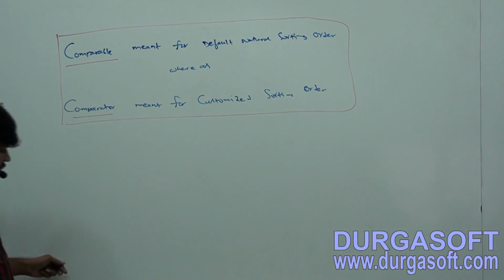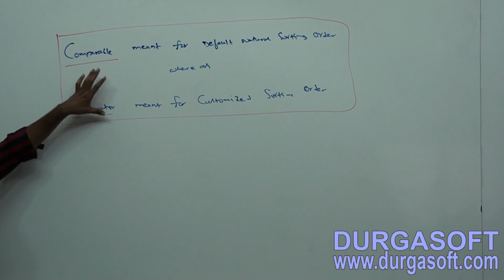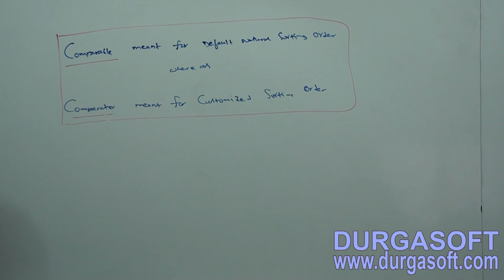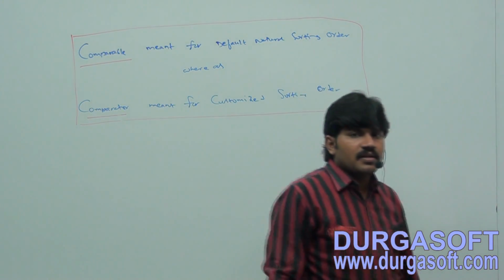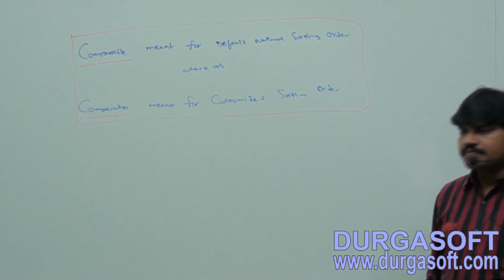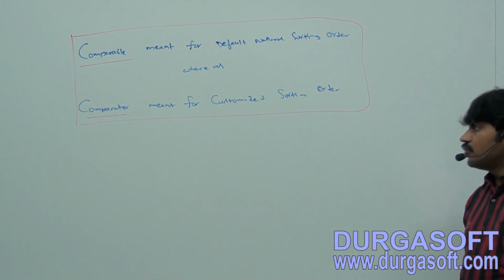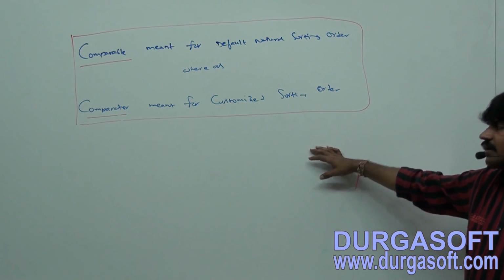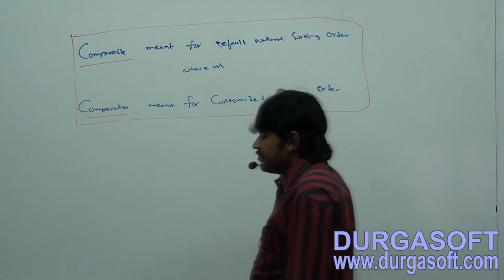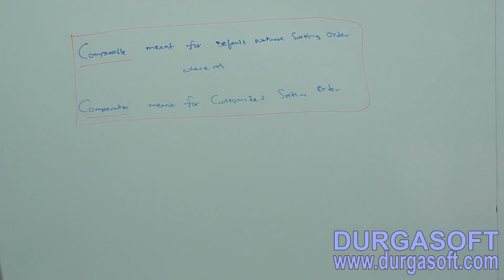Customized sorting order, the most valuable concept. With Comparable, everything happens internally, but Comparator is the concept where we have to do everything explicitly. Completed, right? Now keep revising Comparator.